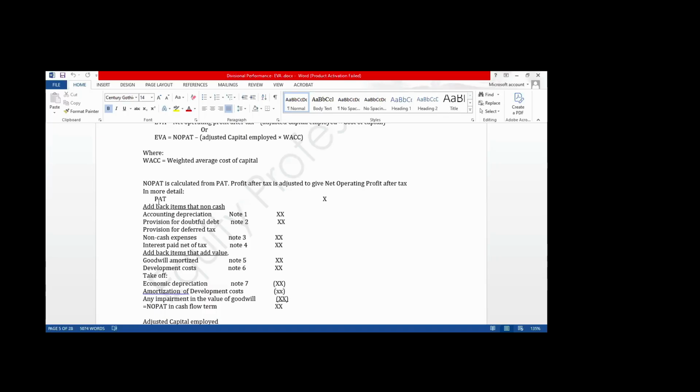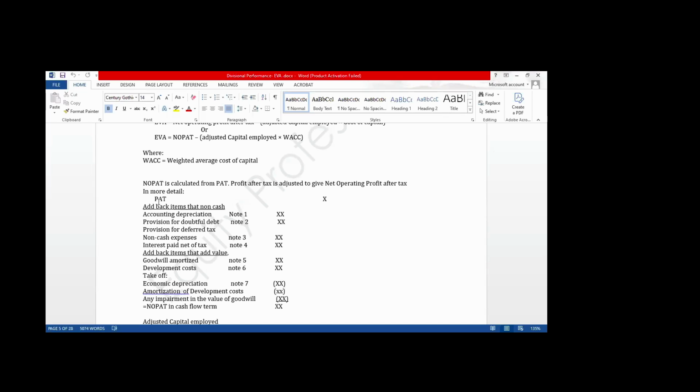One, accounting depreciation. Two, provision for doubtful debt. Three, provision for deferred taxation and all other provisions.